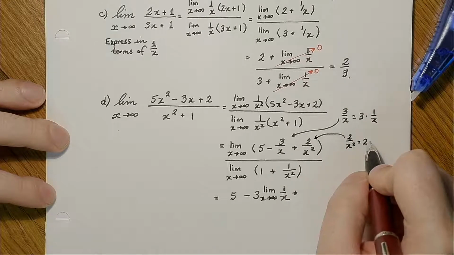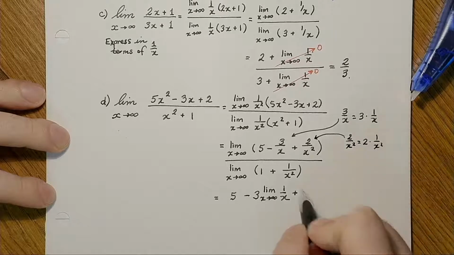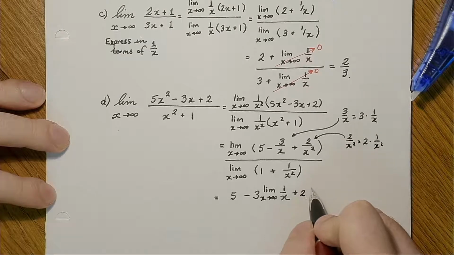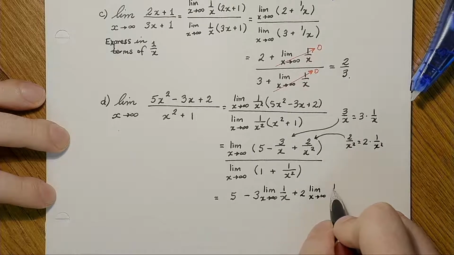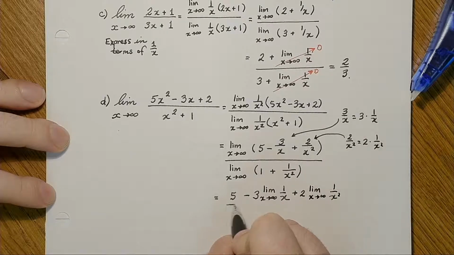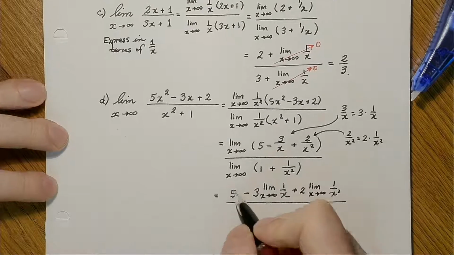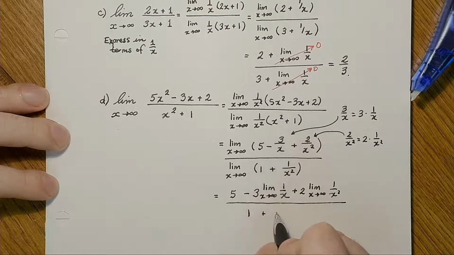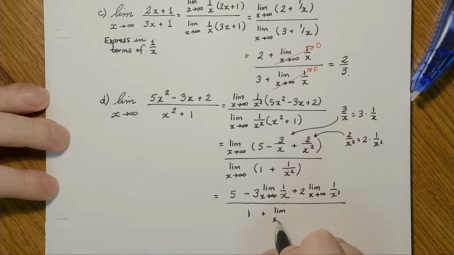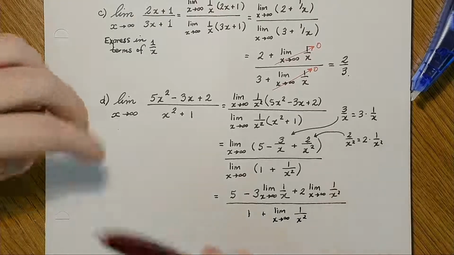So that's 2 times 1 over x squared. So I have 2 times the limit as x goes to infinity of 1 over x squared. So the limit applied to 1 is just 1 plus the limit as x goes to infinity of 1 over x squared.